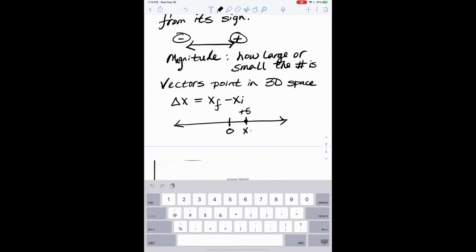And this is xi, and then xf is, we'll keep it positive as well. We'll say positive 2. All right, so the object has an xf of positive 2.